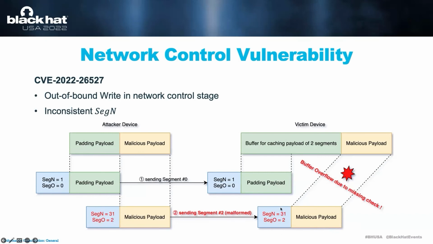The victim just does a check that the SEGO here is smaller than the SEGN here, and incorrectly considers it a valid packet and caches it into the buffer. Again, since the SEGO is 2, this packet is considered the third packet, so it will be cached out of bounds and finally cause an out of bound write.